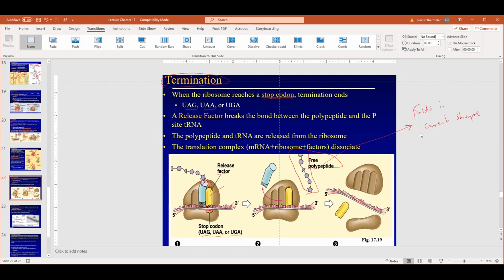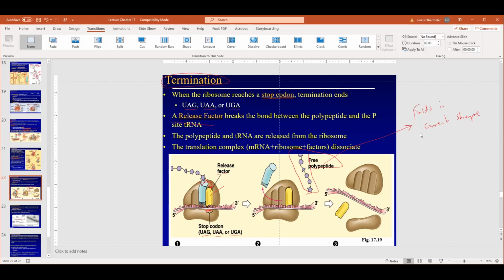So in the end, you've just taken DNA and converted it into RNA, and then that RNA has just been made into a primary structure of amino acids, a protein, and then that protein is going to fold into its secondary, tertiary, and quaternary shapes, like we talked about in chapter 5.